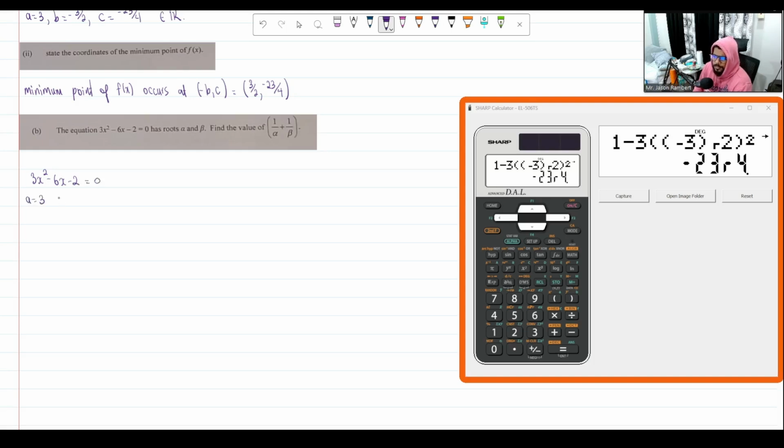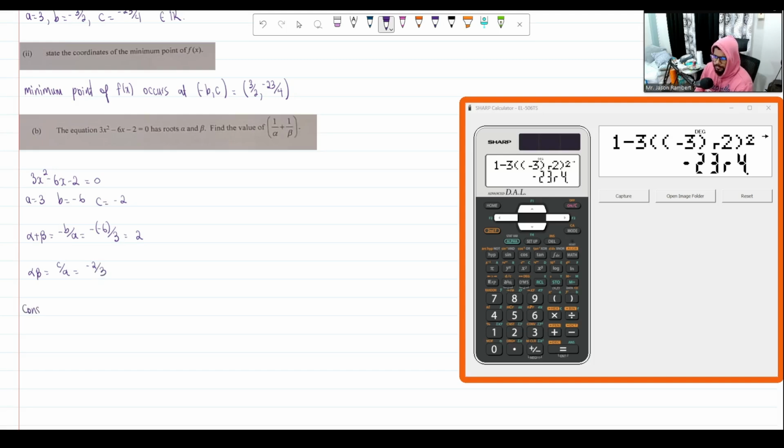A is 3, b is minus 6, c is minus 2. Alpha plus beta is minus b over a, which is minus 6 over 3, which is 2. And alpha beta is c over a, which is equal to minus 2 over 3.